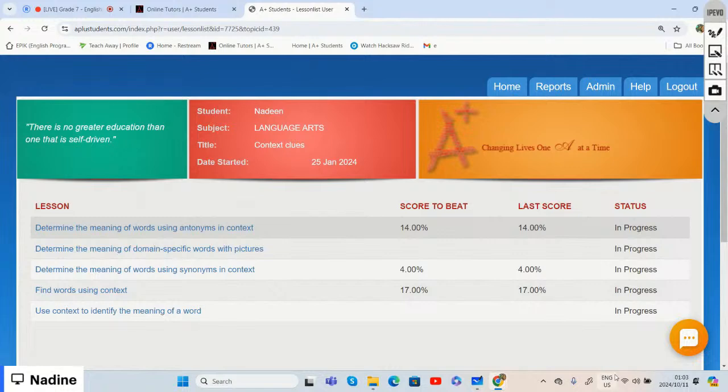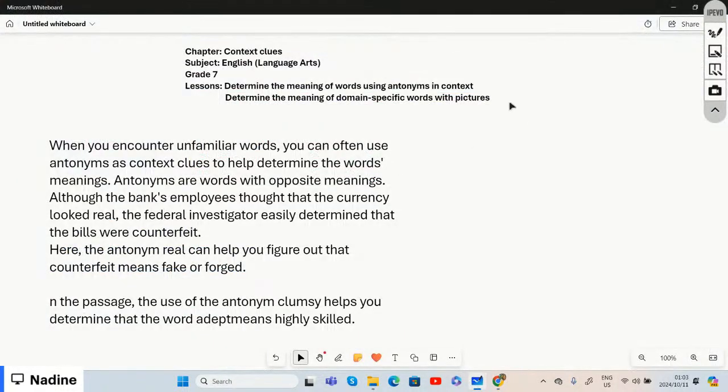All right, so our chapter is context clues. Our subject is English language arts. We are doing grade 7.